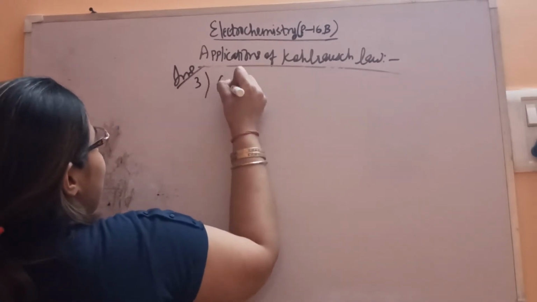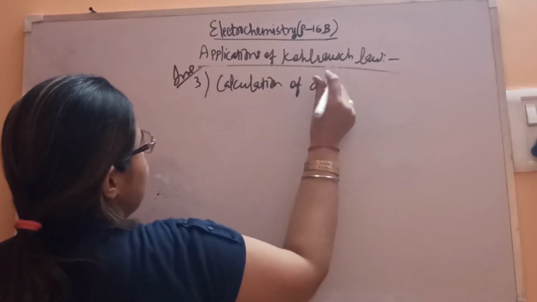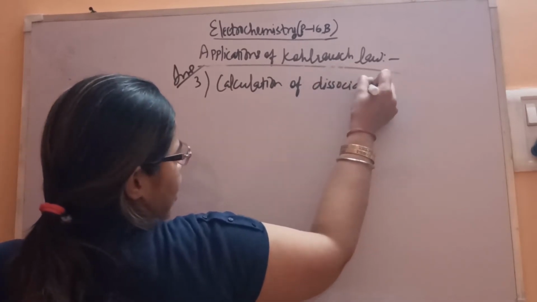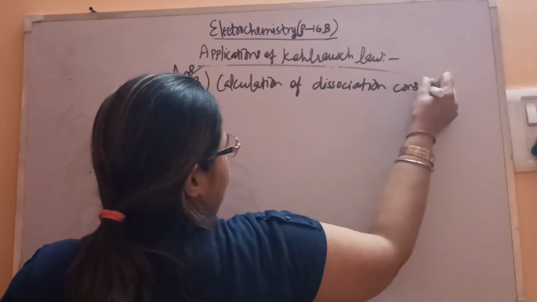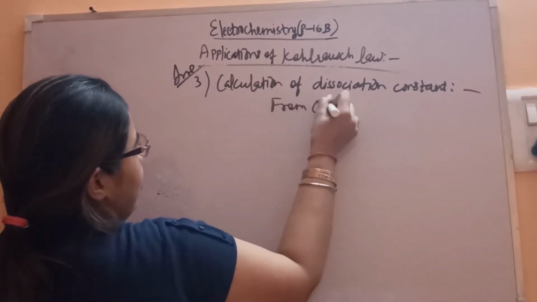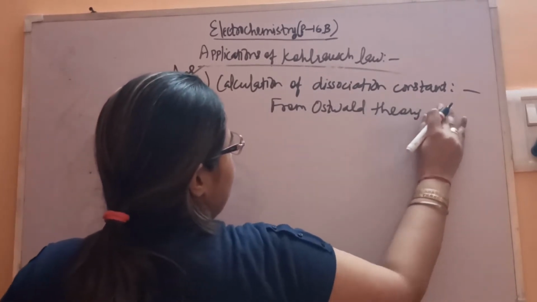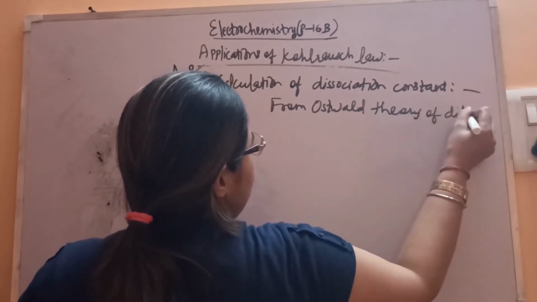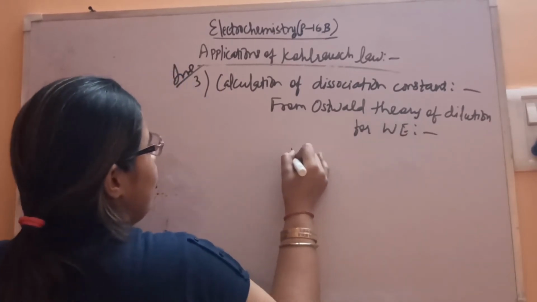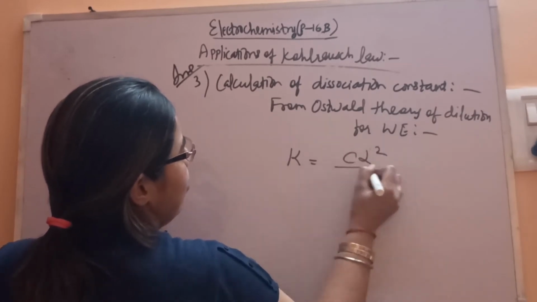Third is calculation of degree of dissociation. Sorry, not degree of dissociation, that we have seen. Dissociation constant, that is K for a weak electrolyte. Okay. So as we know the expression from Ostwald's theory of dilution for weak electrolytes, the expression comes out to be K is equal to C alpha square over 1 minus alpha.